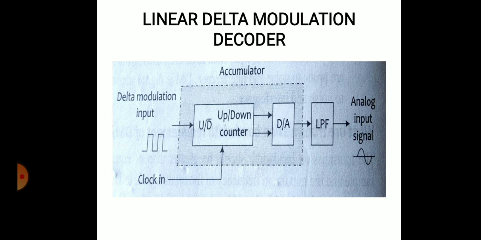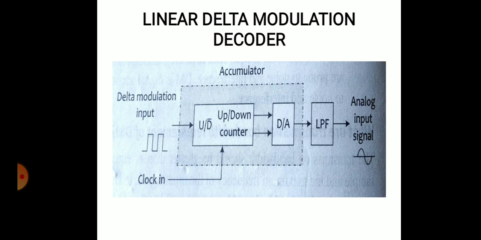If 1, it increments; if 0, it decrements. And then the output of the D2A converter in the delta modulation decoder is identical to the output of the D2A converter in the encoder circuit, and the quantization noise is rejected by passing it through a low pass filter having a bandwidth equal to the original signal bandwidth.